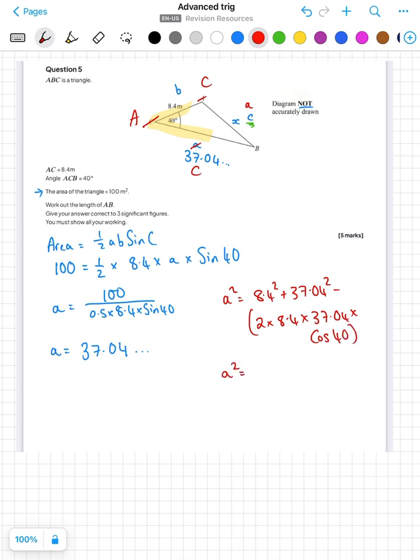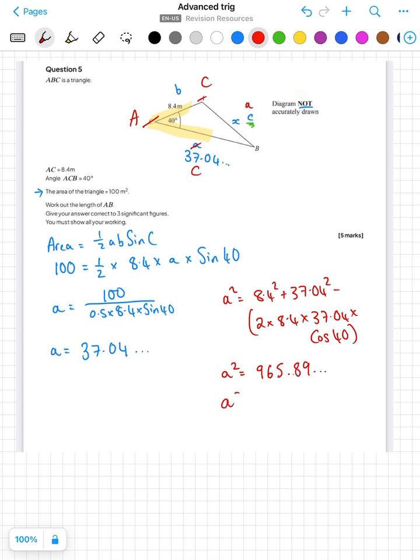Pop all of that in. 8.4 squared plus our previous answer squared, use that ANS button, minus bracket 2 times 8.4 times, use that ANS button again, times cos 40 and close your bracket. That's A squared equals 965.89.